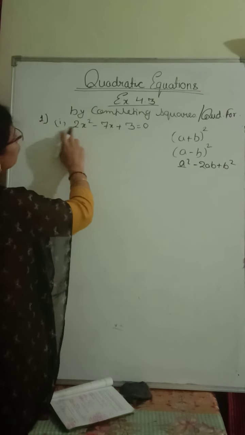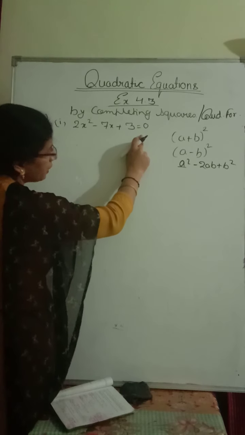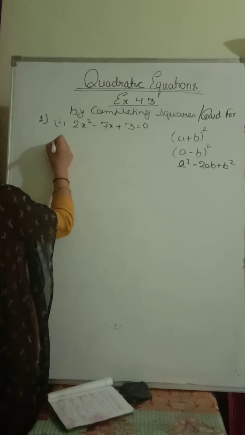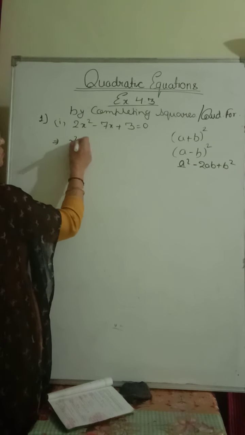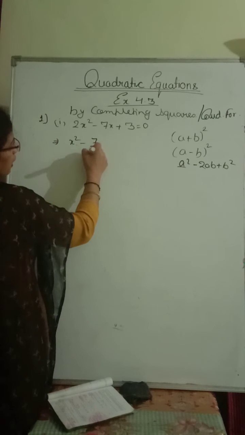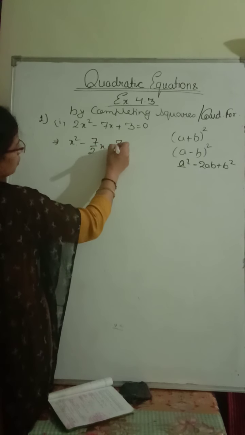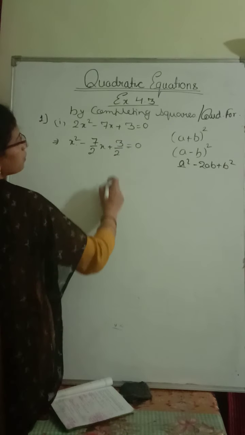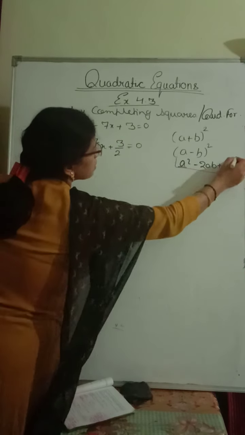So what we can do is divide the whole equation by 2. Dividing the whole equation by 2, this equation becomes x square minus 7 upon 2 x plus 3 upon 2 equals 0. Now we want a square minus 2ab plus b square.